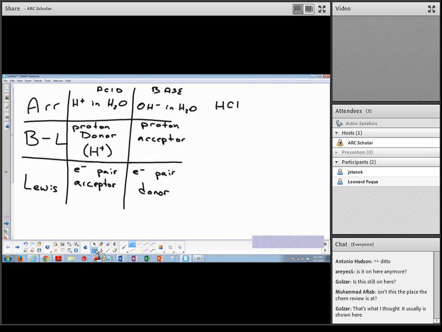Okay, we got the in water, so plus H2O. So we're going to be forming H3O plus Cl minus.